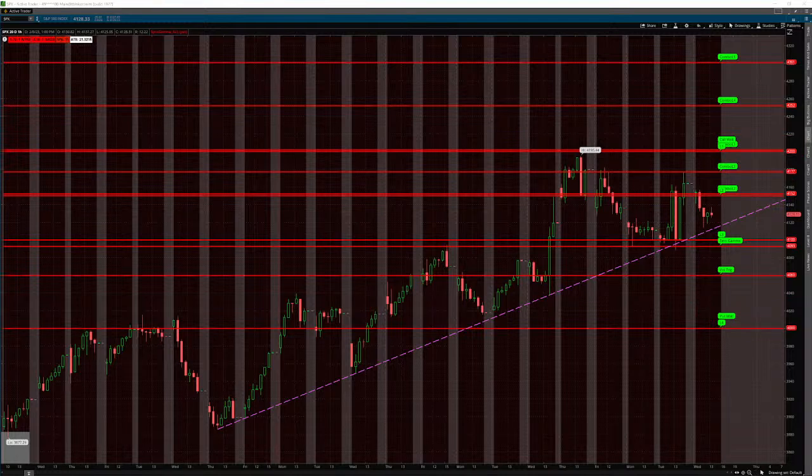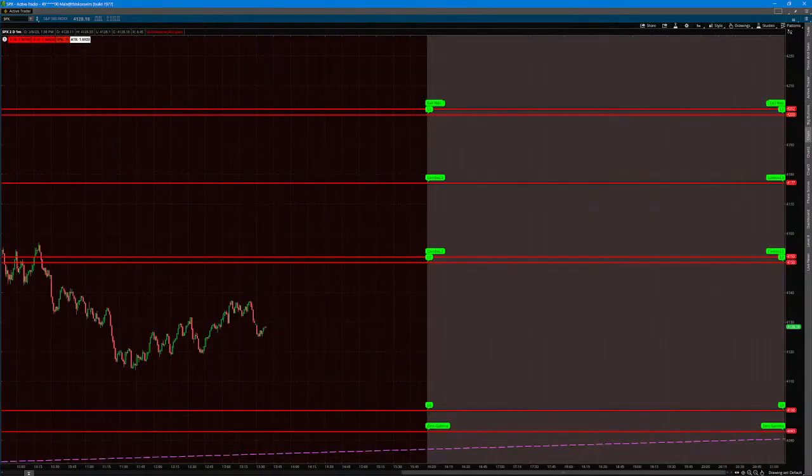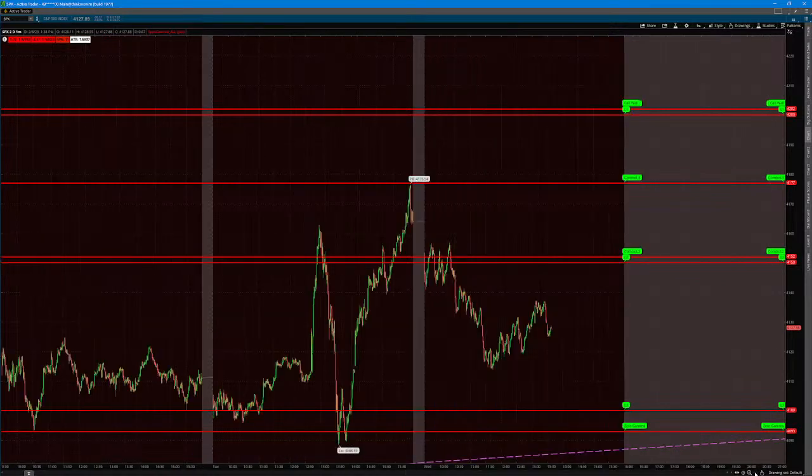On a bigger picture, longer time frame view, let's go take a look at a daily chart now. So this is SPX for today. And I'm going to zoom in on this a little bit.